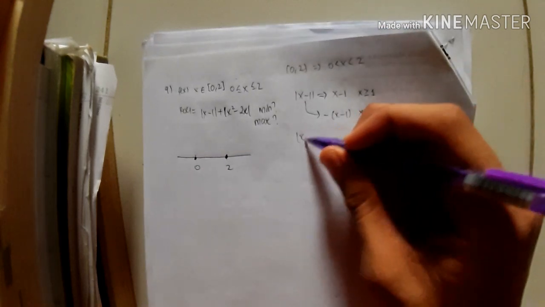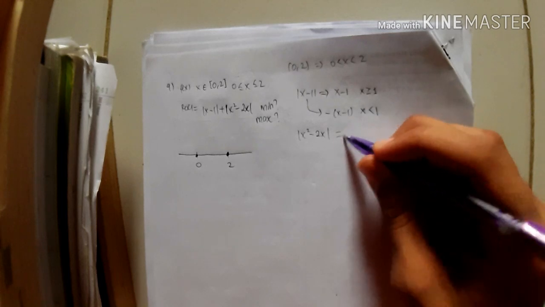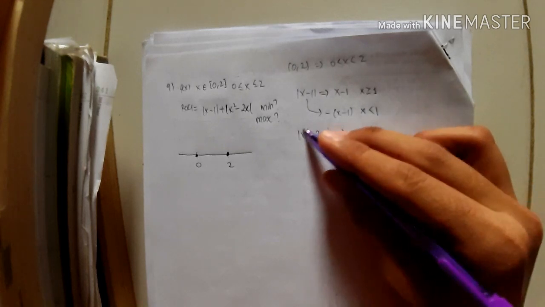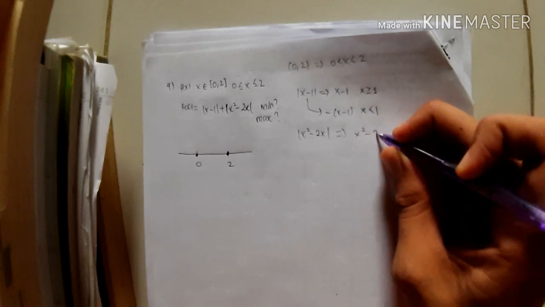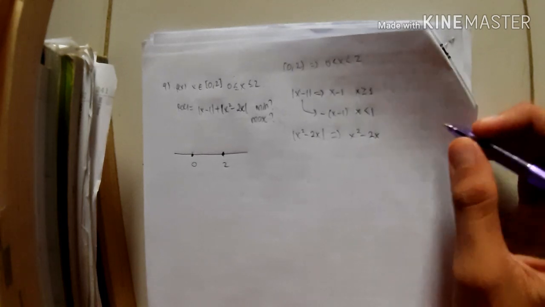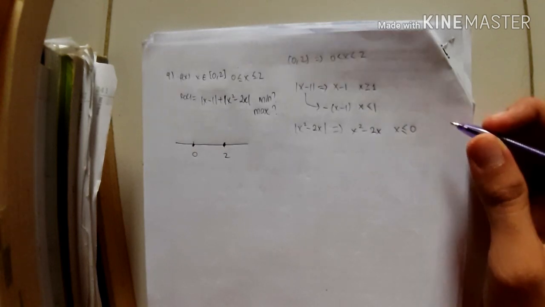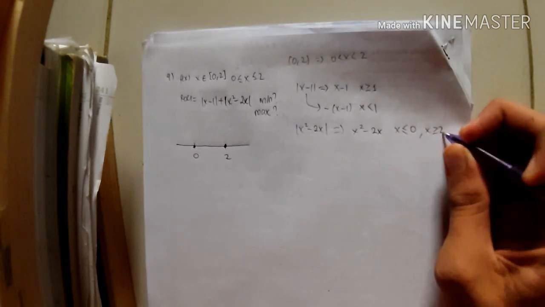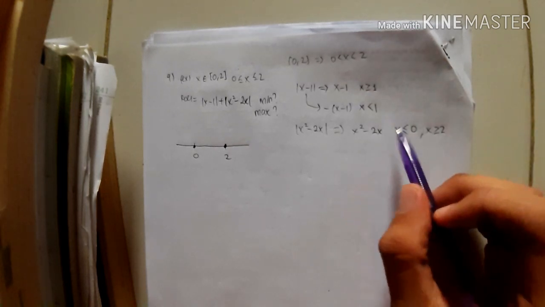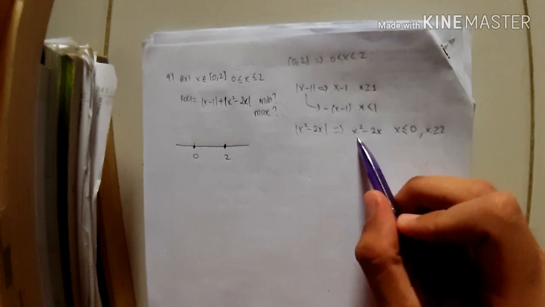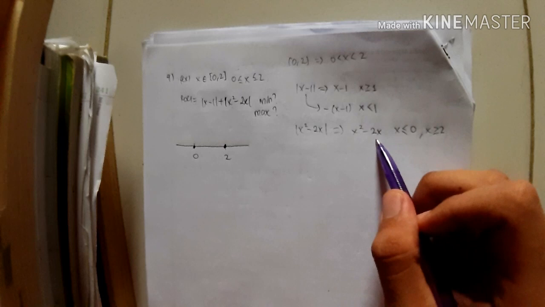And now, for the second function, x squared minus 2x. The content of the absolute function, x squared minus 2x, is positive when x is less than or equal to 0 or greater than or equal to 2, right? For example, if we have minus 1, minus 1 squared is 1, minus 2 times minus 1 is 2, so that is 3, positive.